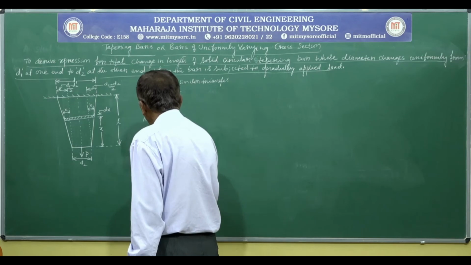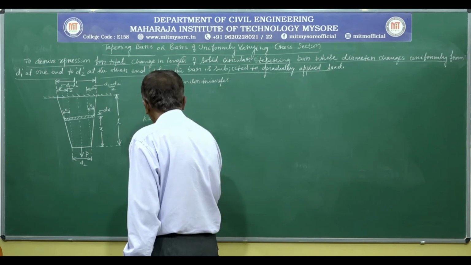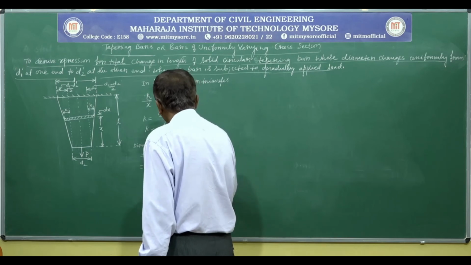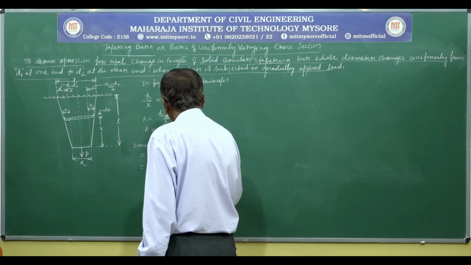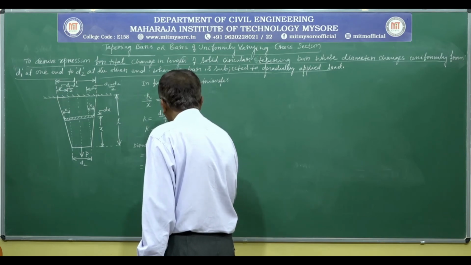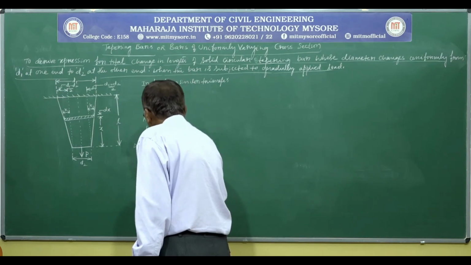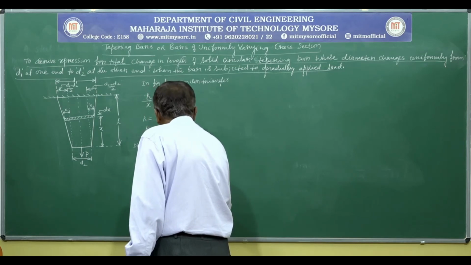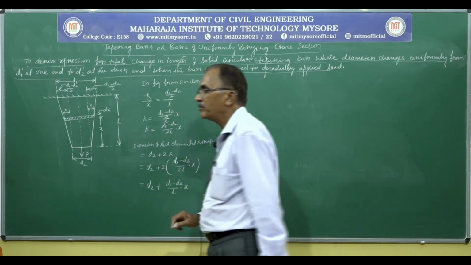That is equal to d2 plus 2 times k, which is (d1 minus d2) by 2L into x. So we get d2 plus (d1 minus d2) by L into x. So this is the diameter of the elemental strip.